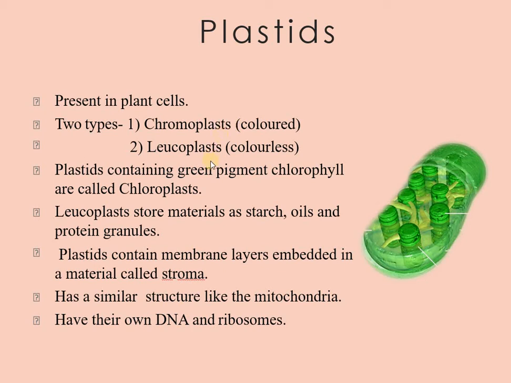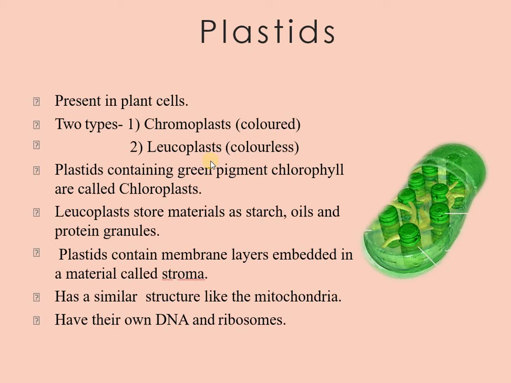Then we talk about the second variety of plastids, that is your leucoplasts. These leucoplasts are colorless plastids and they occur in the cells that are not exposed to sunlight. So leucoplasts can be of three types depending upon the products that they store.